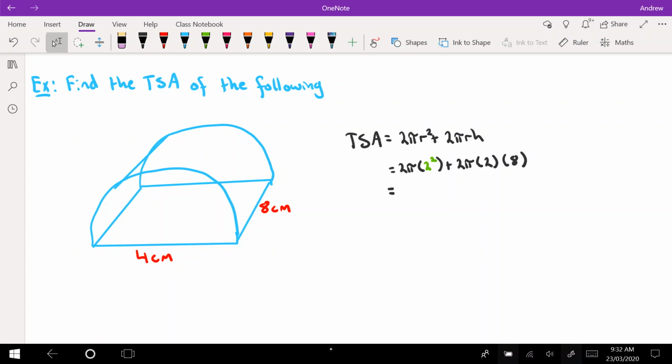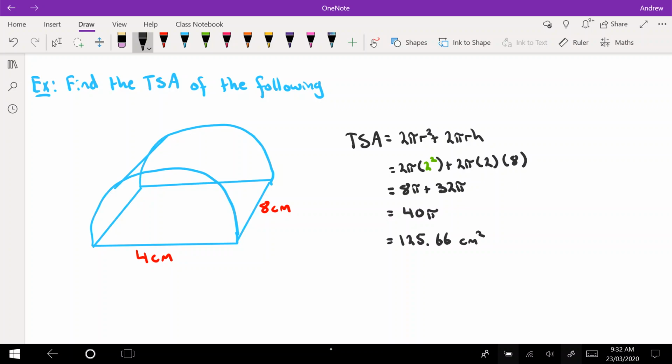And so that's going to get me to 8 pi plus 16 times 2, 32 pi, which equals 40 pi, which is around about 130, but can someone just check me on that? 125.66. Okay. Centimeters squared.